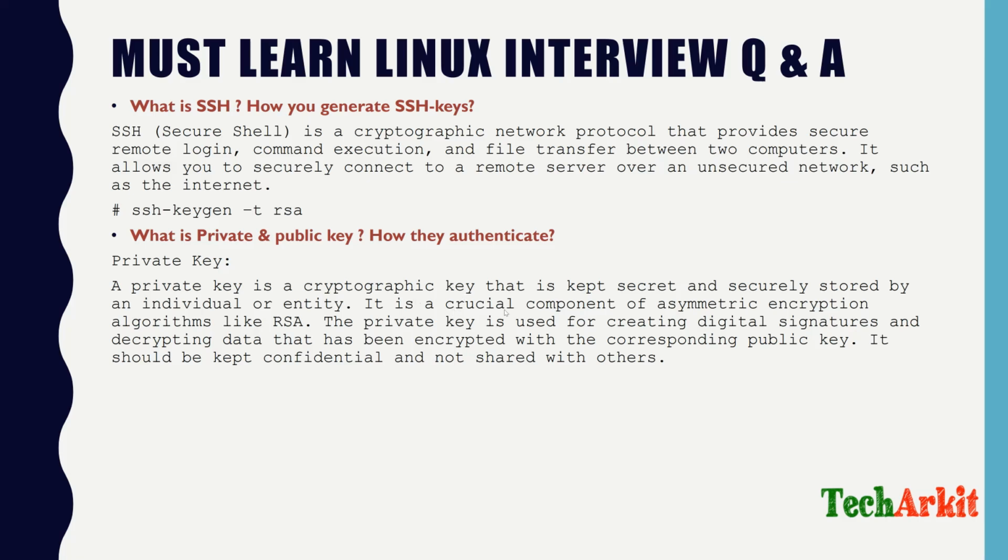It is a crucial component of asymmetric encryption algorithms like RSA. The private key is used for creating digital signatures and decrypting data that has been encrypted with the corresponding public key. It should be kept confidential and not shared with anyone else. So that's the private key.